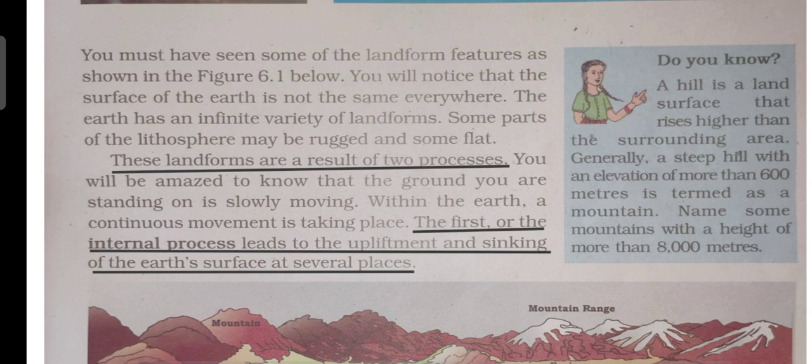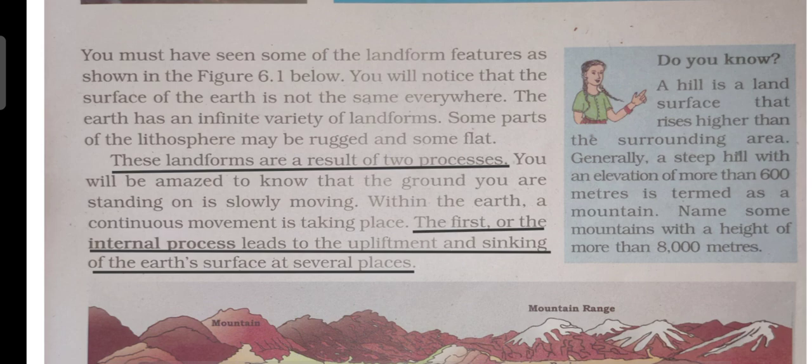Now, children, how are these landforms formed? So, these landforms or physical features of the earth are formed due to two processes. So, these landforms are a result of two processes. First is the internal process, and second is the external process.